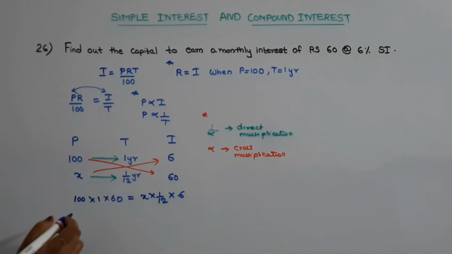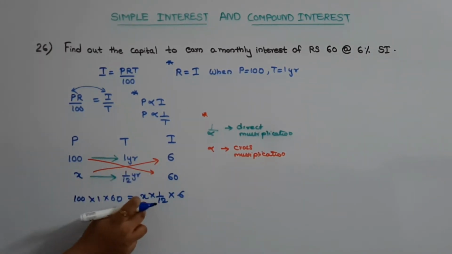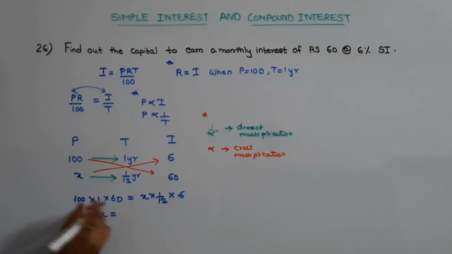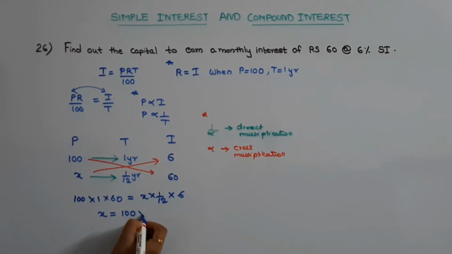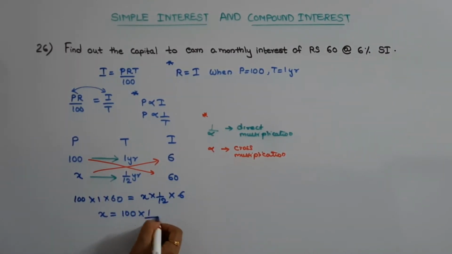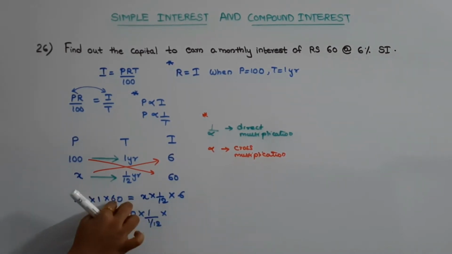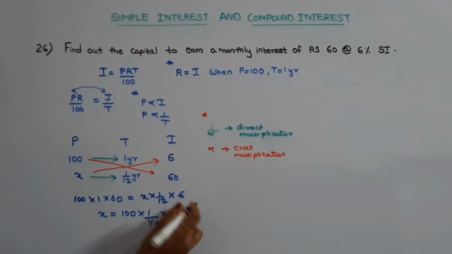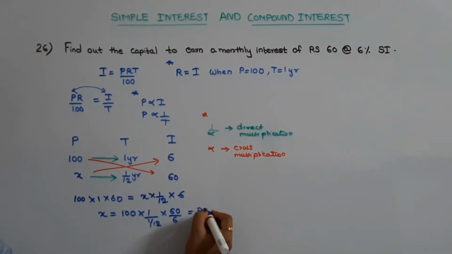On equating them, we will get the value for x. x will be equal to 100 into 1 into 60 divided by 1 by 12 into 6. So on solving this, you will get the value as rupees 12,000.